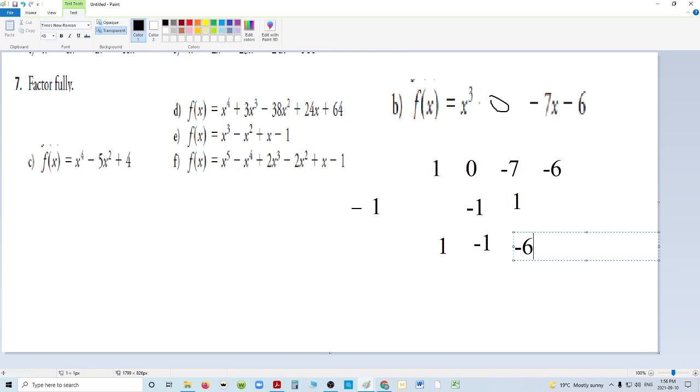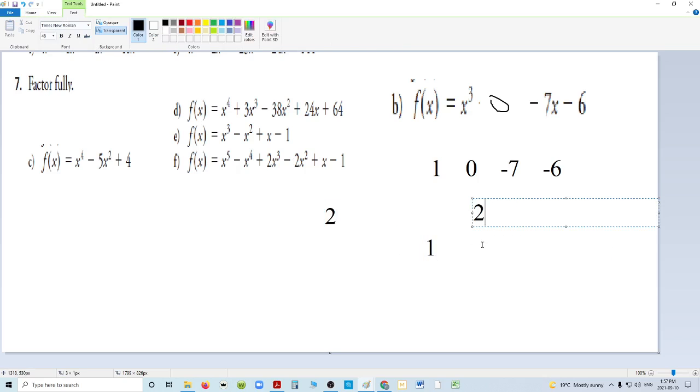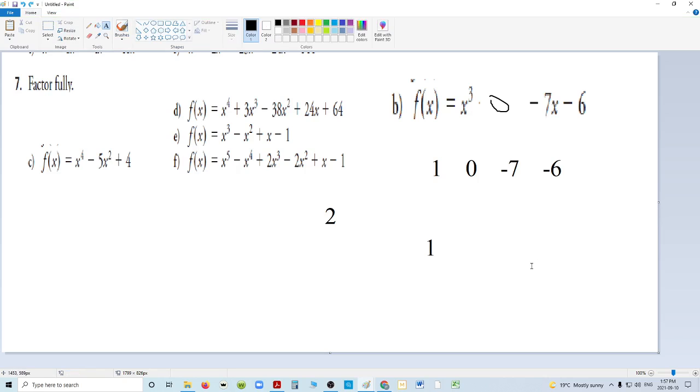Nope. Again, you'd be tempted to think 1 is a factor, but it's not. So we're going to do 2. Tricky, tricky. You'd be tempted to think that's a factor, but it's not. At least I hope I'm right. I hope I'm not doing a basic thing wrong. Did I get all the coefficients right? Yeah, I did. Okay, so we're going to switch to -2.